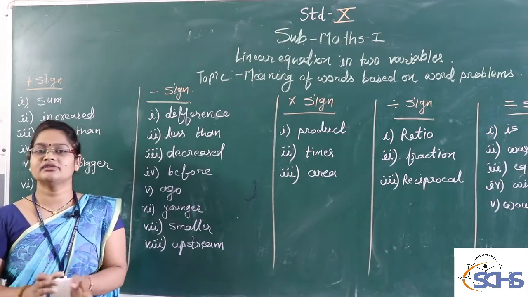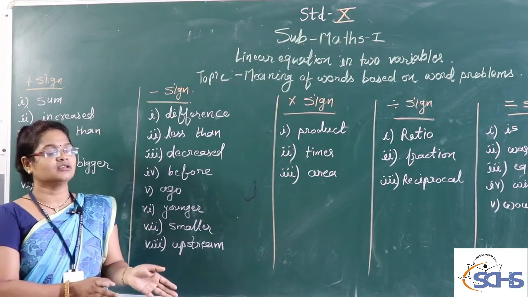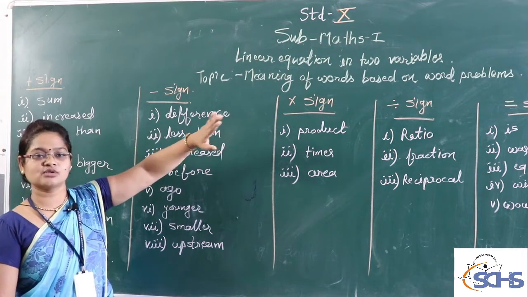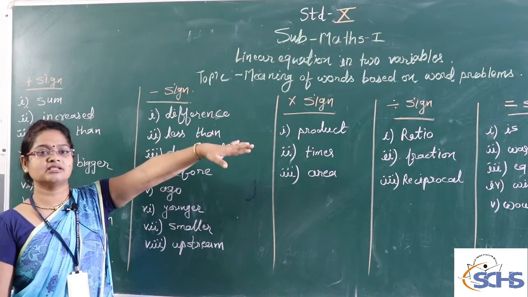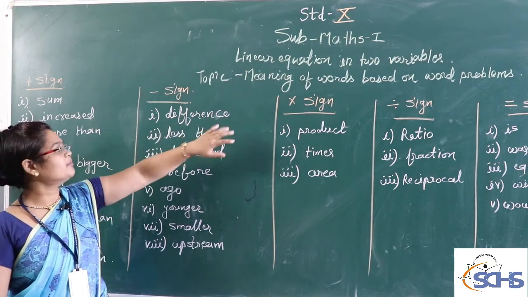But whenever the difference is negative, we have to subtract greater from smaller. Most of the time the difference is positive, so you don't worry about this. Greater minus smaller is equal to a positive number. So here we have to use minus sign.